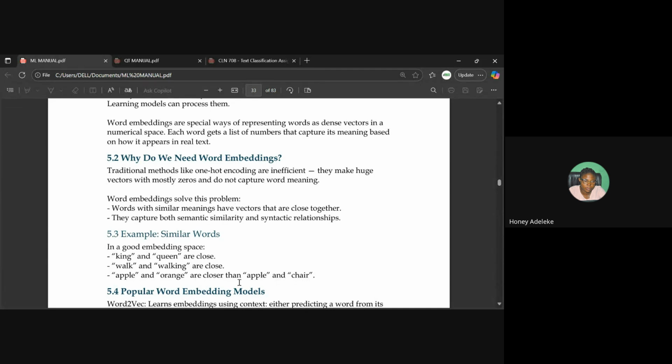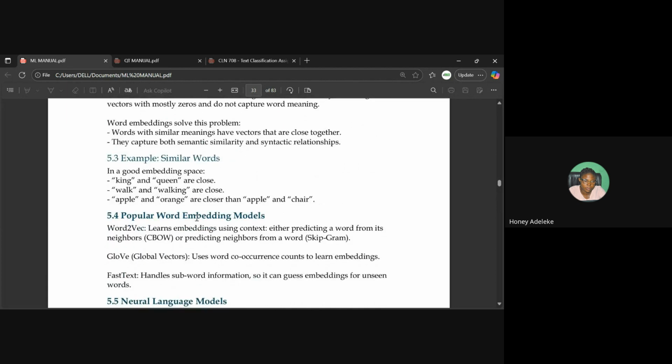And for my chapter, my 5.3, we mentioned that when we talk about similar words like king and queen, walking and walk, swimming and swim, apple and fruit, maybe Italy and Rome, Nigeria and Abuja, words like that have a tendency of being close together when we talk about distance in our vector space.